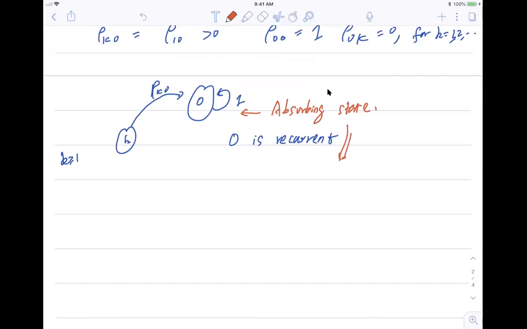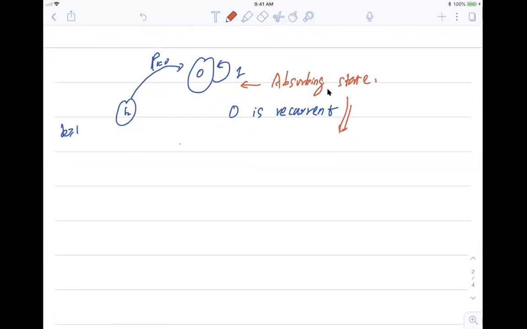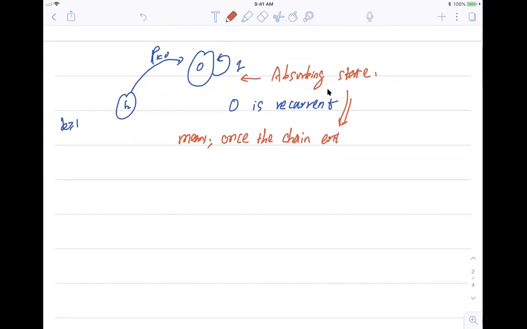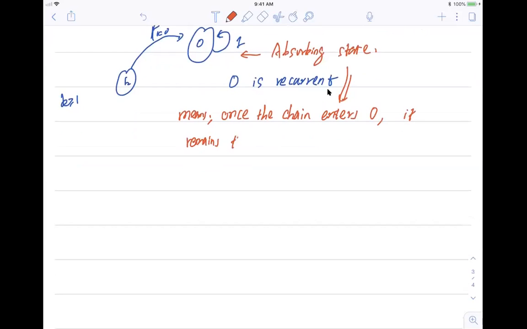Absorbing means that once the chain enters 0, it remains there forever.